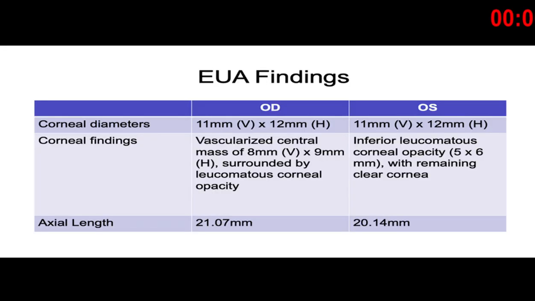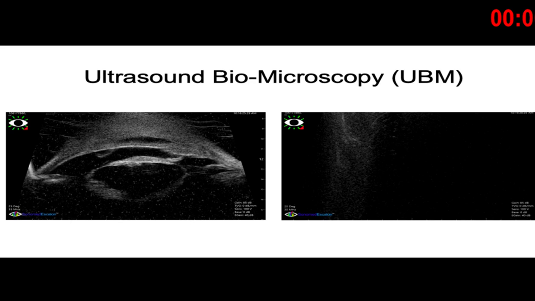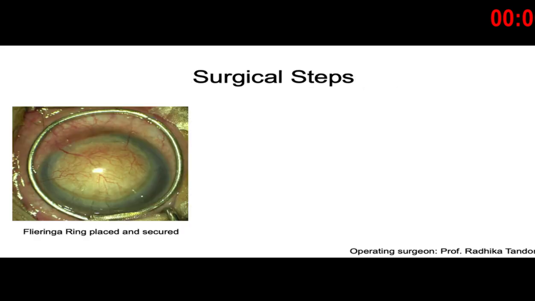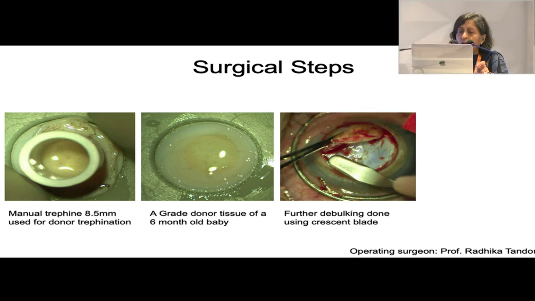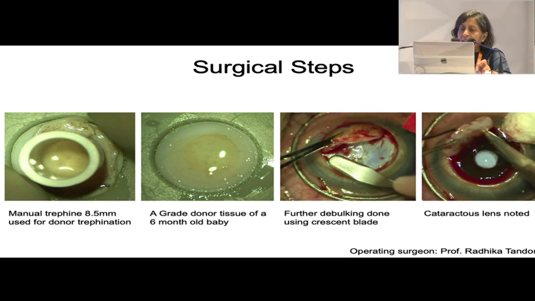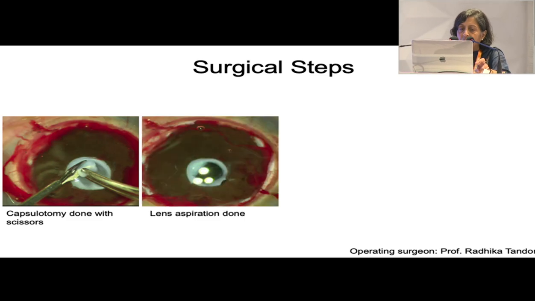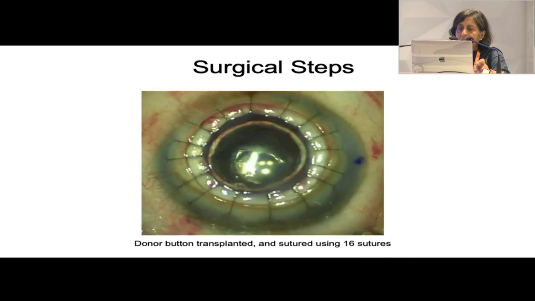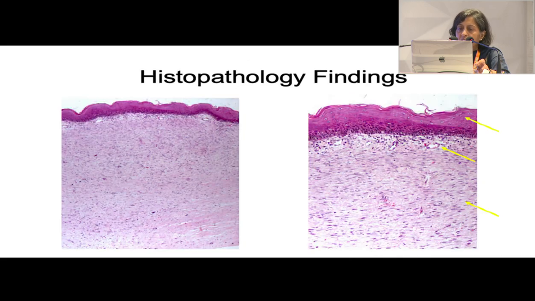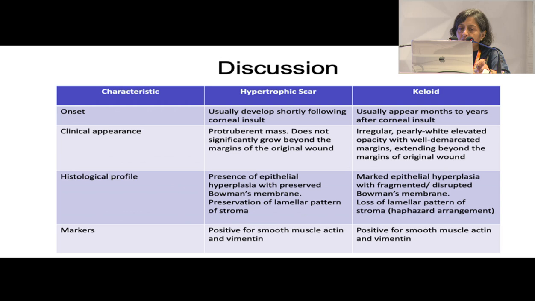These were the corneal diameters, and this is the UBM picture. The patient then underwent surgery with the Flieringa ring using Hessburg-Barron and using the lamellar dissection technique so that you do not enter the AC suddenly and hit the iris. There was a cataractous lens, and the capsulotomy was done, lens aspiration, a 3-piece IOL was placed in the bag, donor button put, and these were the histopath findings, and this is the vimentin stain.